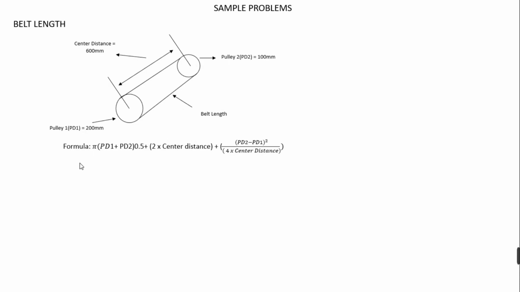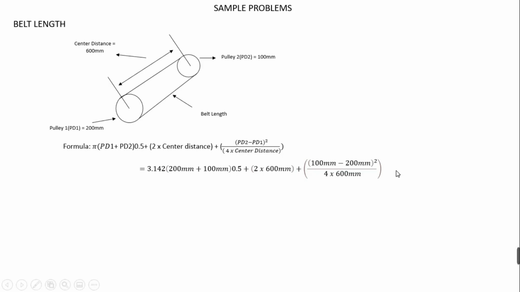For us to get the length of the belt, we need to use this equation: pi times PD1 plus PD2 times 0.5, plus 2 times the center distance, plus PD2 minus PD1 squared over 4 times the center distance. Substituting all the values will give us 3.142 times 200 millimeters plus 100 millimeters times 0.5 and so on.